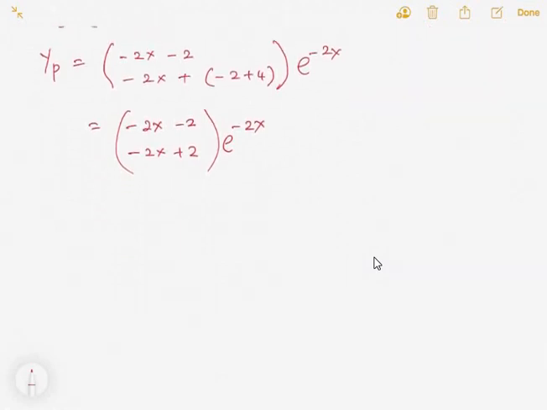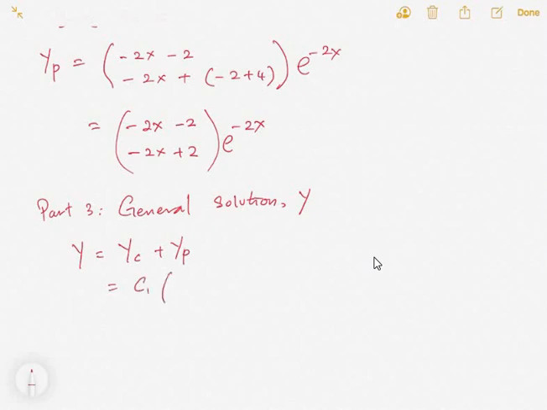Okay, so this is the yp. Part 1 is yc, which you have done. Part 2 is yp. Then part 3 is the general solution. y equal to yc plus yp.